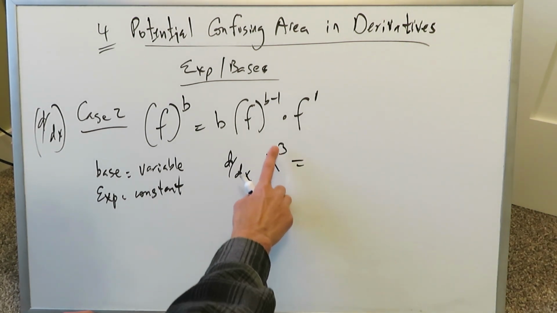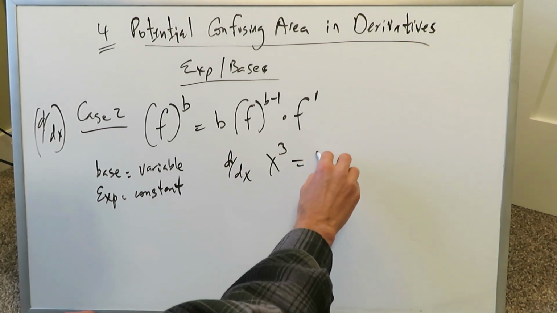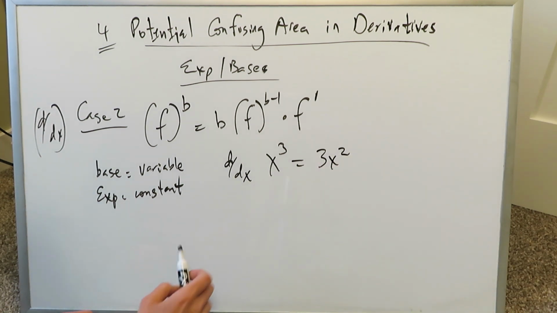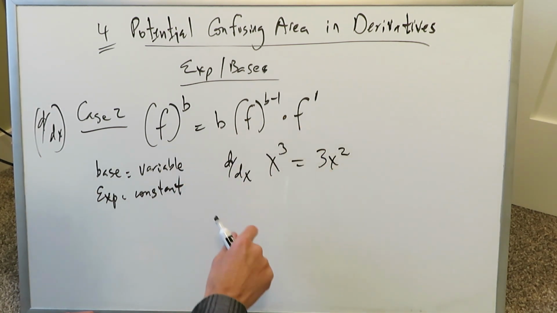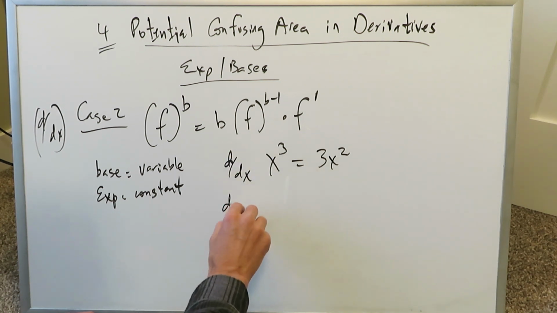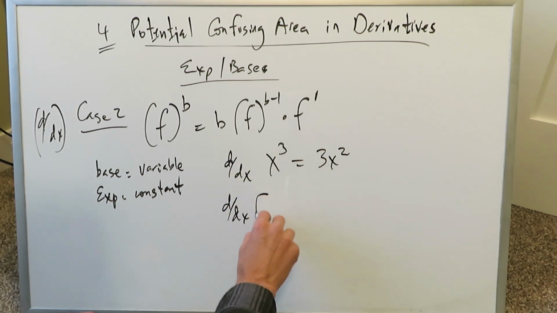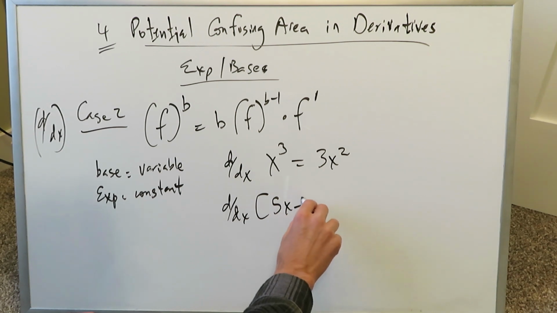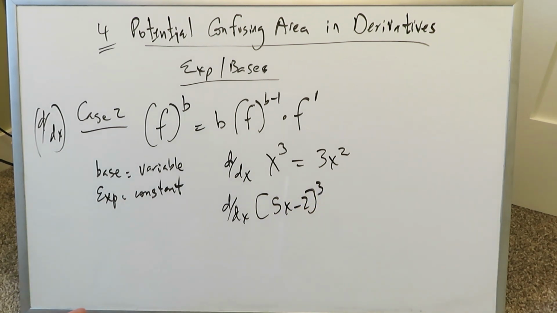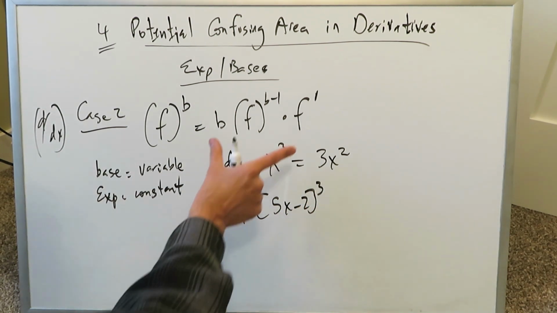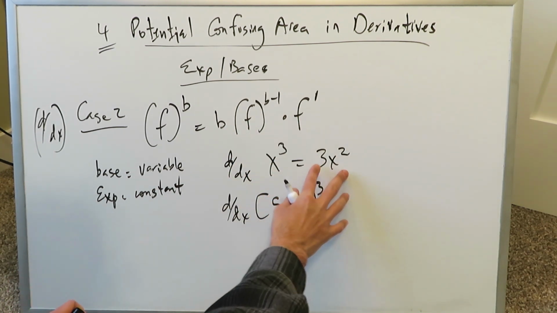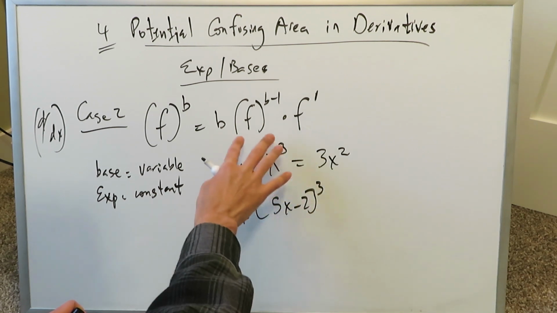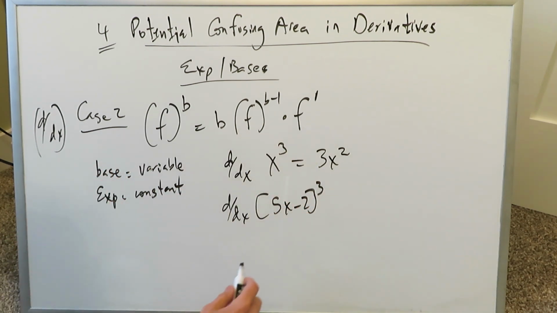You have a variable base but a constant exponent. Here you know very well it's 3x squared. It doesn't visibly look like this case, though it does follow it, because we're not dealing here with a composite. Now contrast this sharply with something like (5x minus 2) to the power of 3. Here you do the chain rule, which would employ the power rule in addition to the chain components.